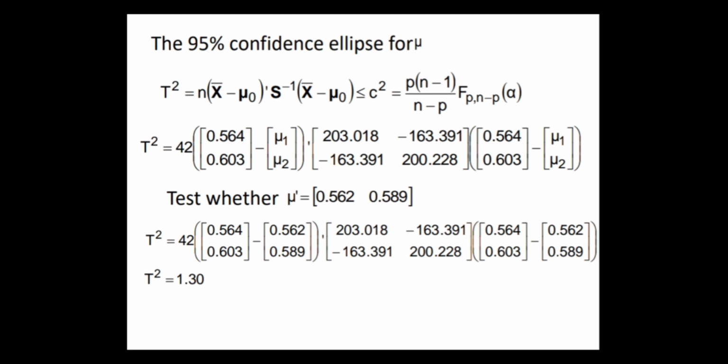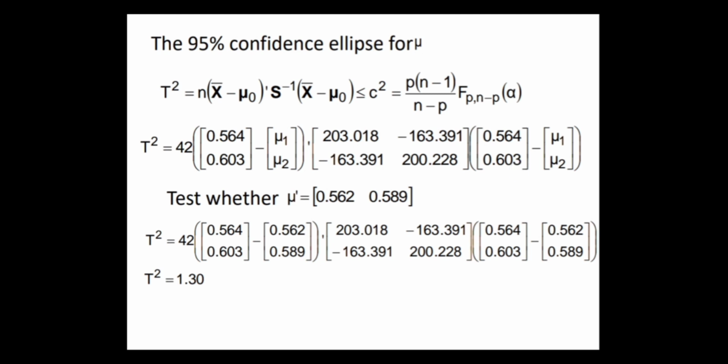We first of all calculate the value of square distance, or T square, and then compare with the distribution of F. Okay, so here the n sample size is 42. Okay, x bar that we calculated before this, and this is the variance covariance inverse matrix. Okay, this is x bar minus mu naught.